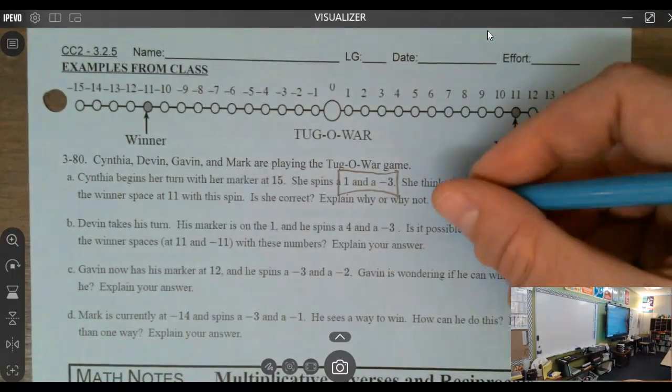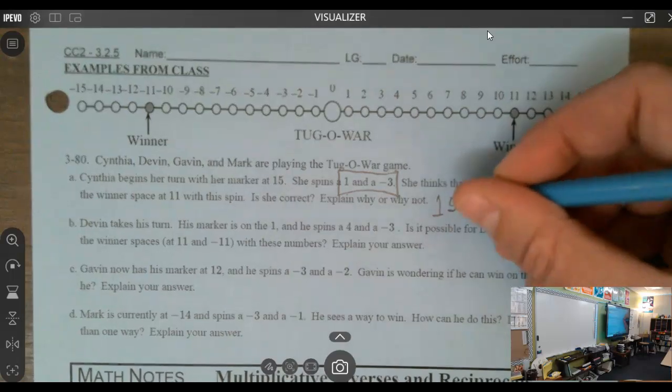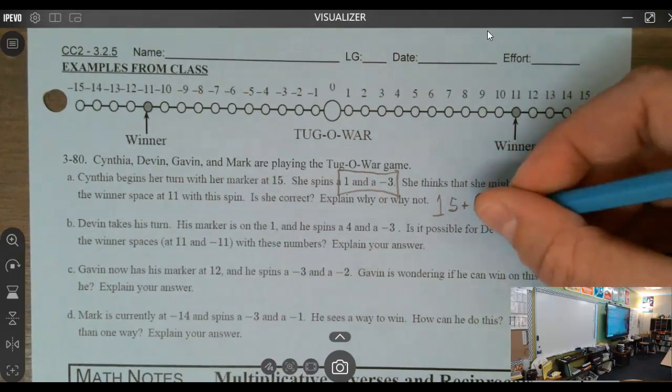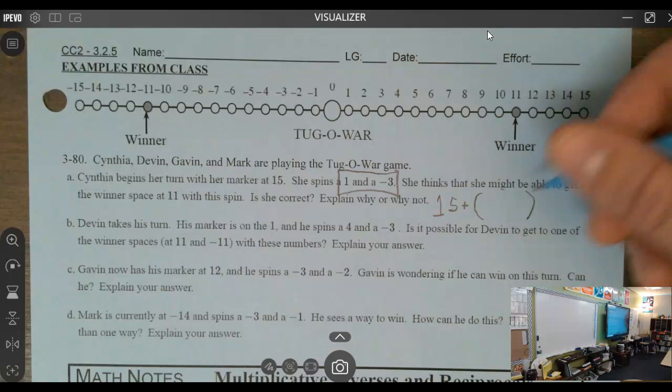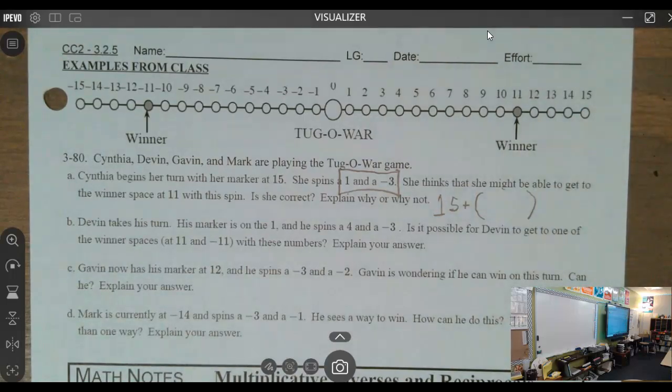Try to figure out from 15, we're going to move. What could she do with those numbers? Could she add them, subtract them, multiply them, divide them? Could she get back to 11 on this turn? Chat with your partner. I will tell you, she can win.